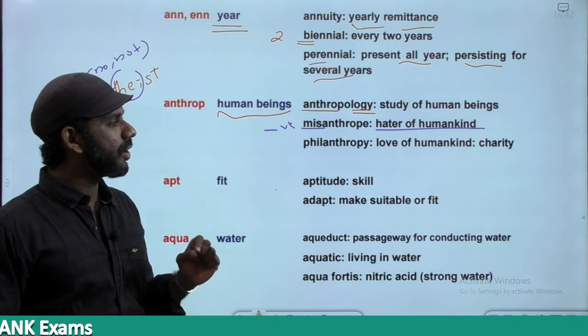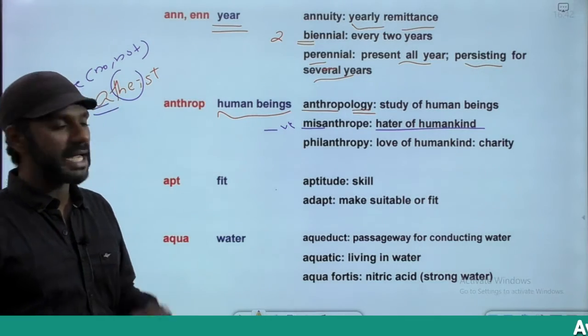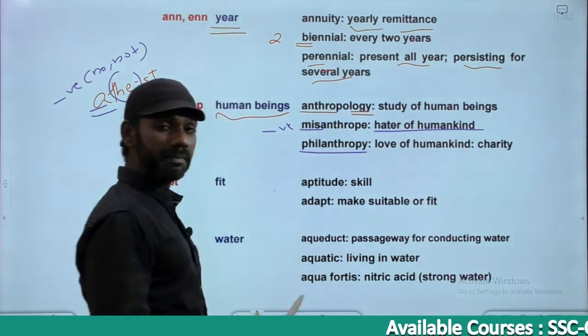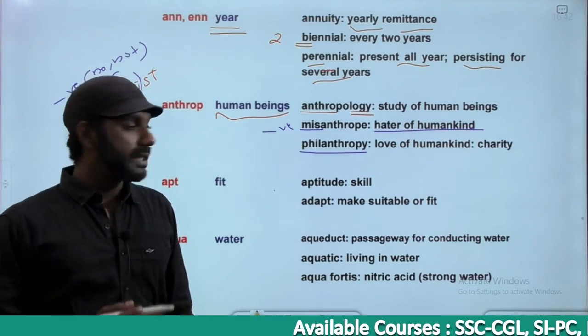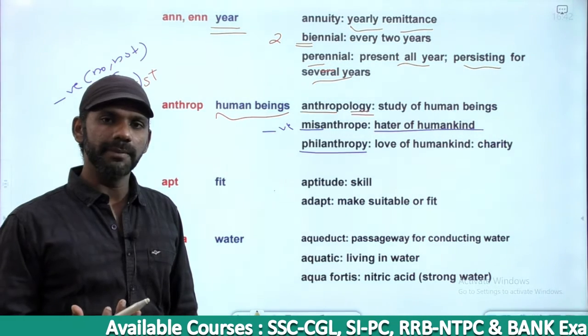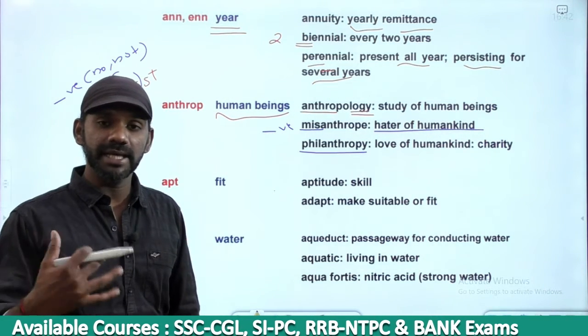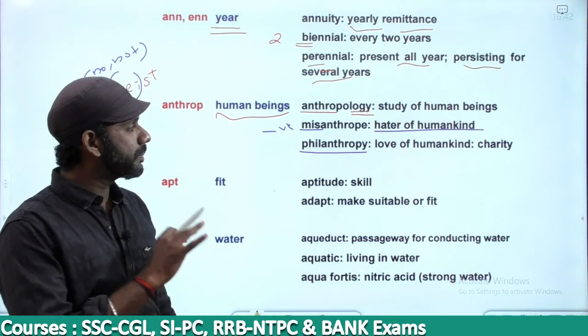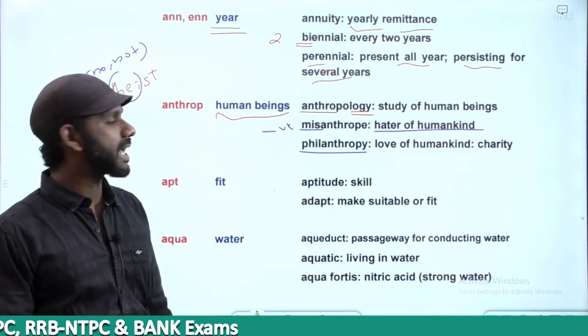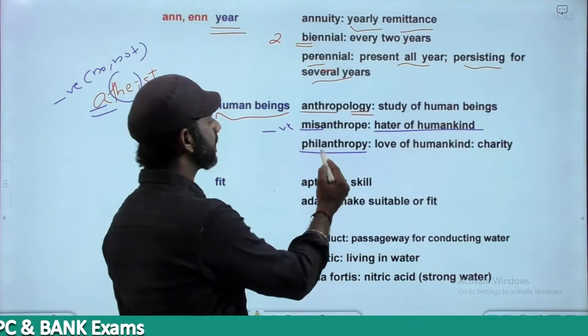Philanthropist is love of humankind or charity. Philanthropist is a noun. Misanthropist is also a noun. A philanthropist is one who loves human beings, who cares for human beings. Misanthrope is negative, philanthropy is positive. Anthrope means human beings.